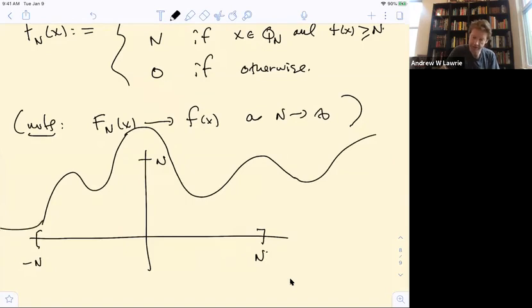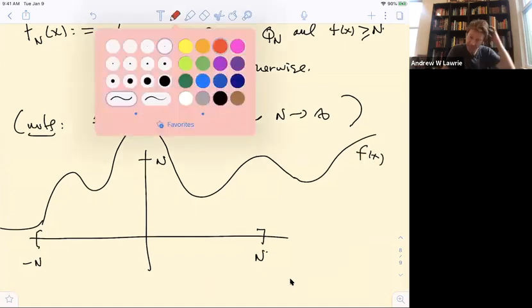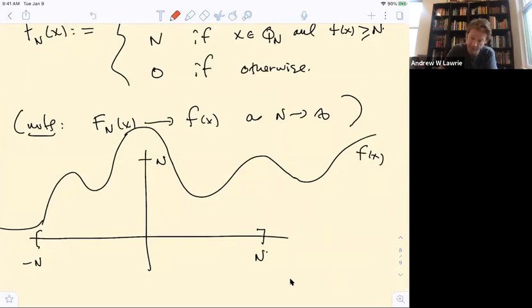Who knows what it does outside there, and so the black is f of x, and then let's make the red function capital F_n. Everywhere it's above n, I just cap it off there, and then I stop at n.